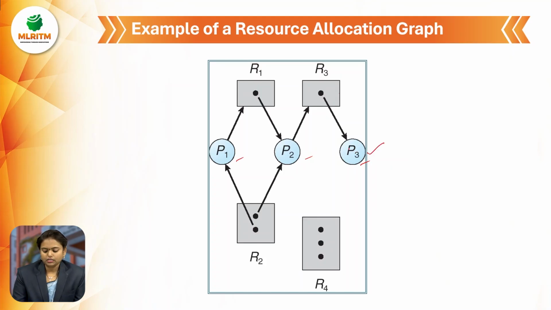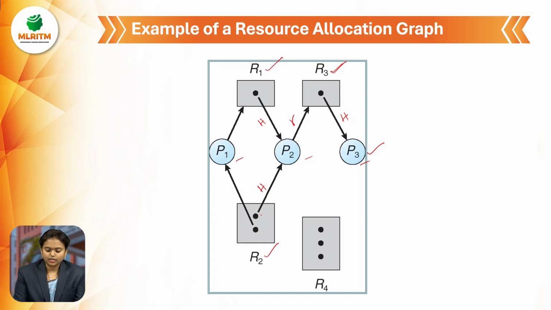P3 is holding an instance of resource type R3, and P2 is requesting an instance of R3 while holding an instance of R1 and R2.